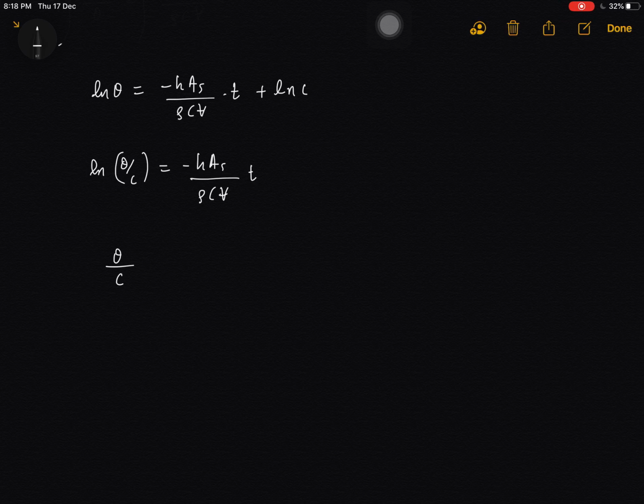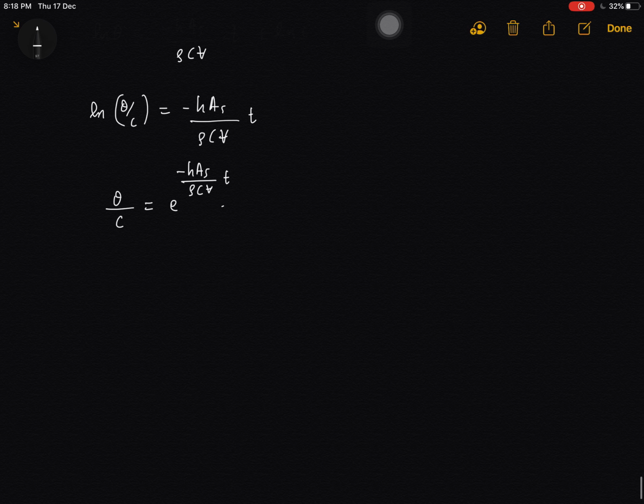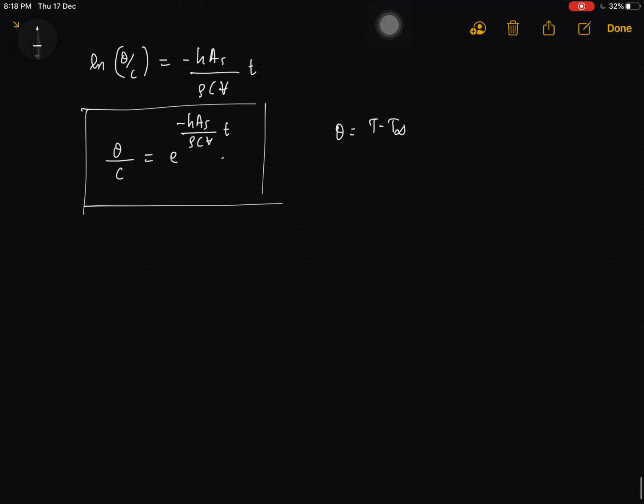To eliminate the logarithmic term, we take the exponential on both sides. So theta by c equals e raised to minus h A_s by rho C V into t, and this theta is nothing but T minus T infinity.